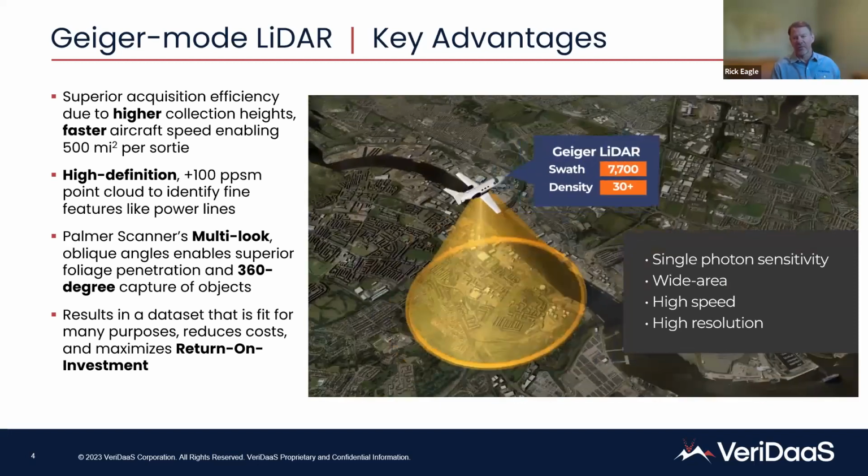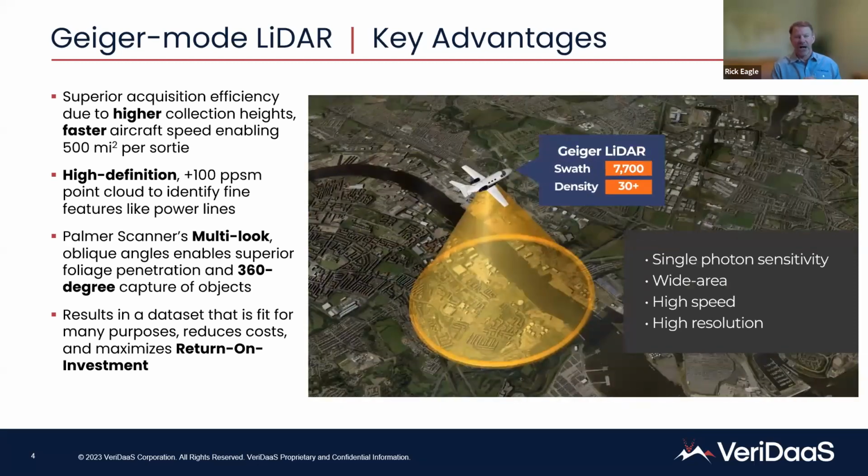We can collect at over 100 points per square meter. Quite often, we're collecting at around 12,500 feet, which is a 70 points per square meter product. And the video here is showing if we were up at 16,000 feet, we would be collecting a 30 point per square meter product. So very high densities and very high collection rates.